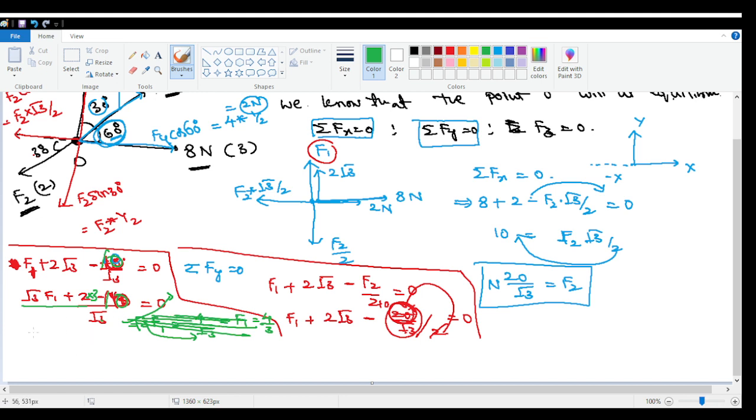So what is this situation? Yes, root 3 F1 minus 4 is equal to 0. This is the equation, because I am sending this root 3 to the left side, root 3 F1 is equal to 4, then F1 is equal to 4 by root 3, okay.